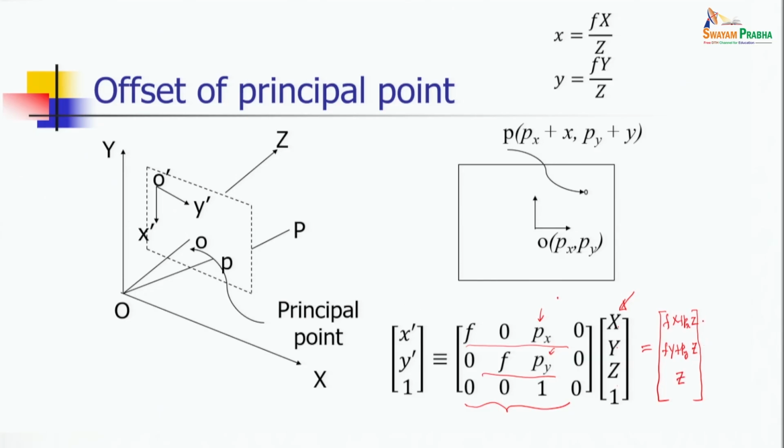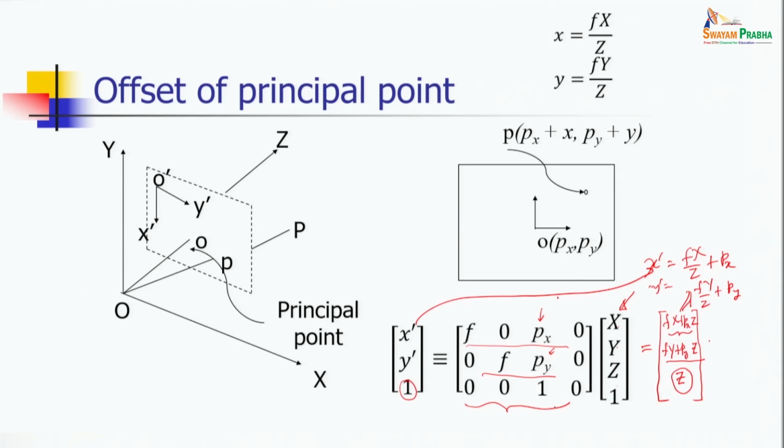So if I divide by this scale value, this will give me fx by z plus px. So this is what is x prime, the observed x prime in the respective homogeneous coordinate system when the scale is 1, and similarly y prime would be this divided by z. So it is fy by z plus py.